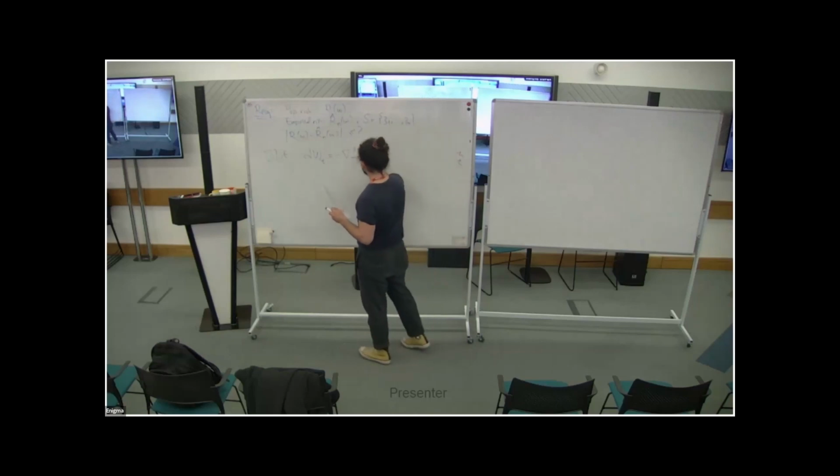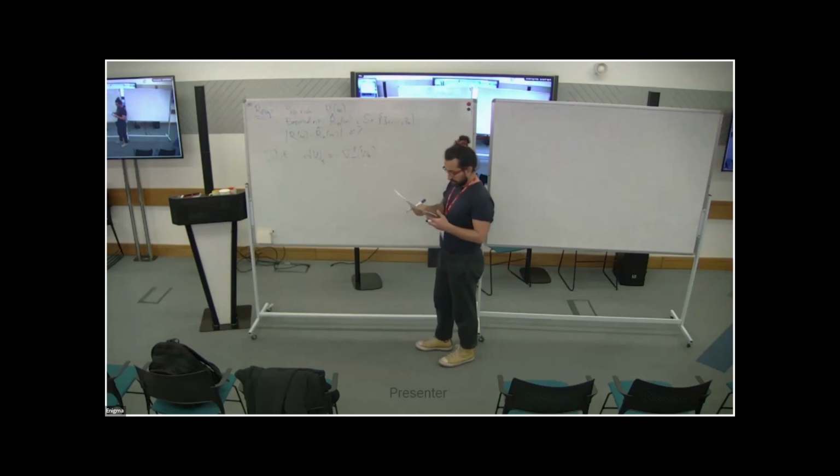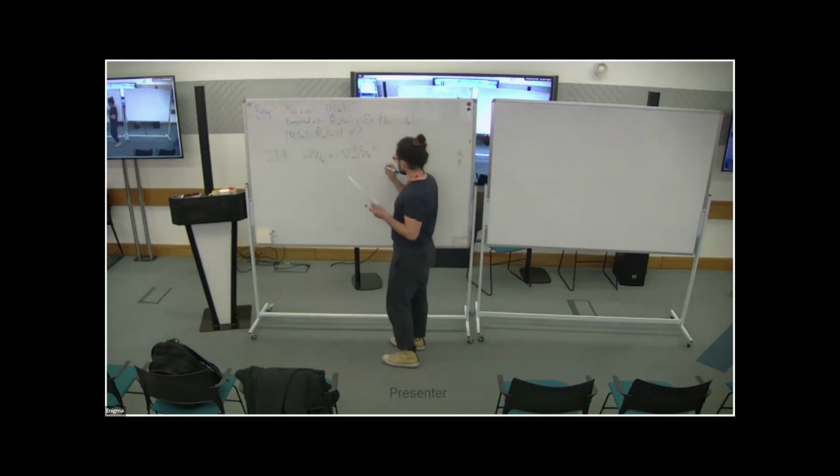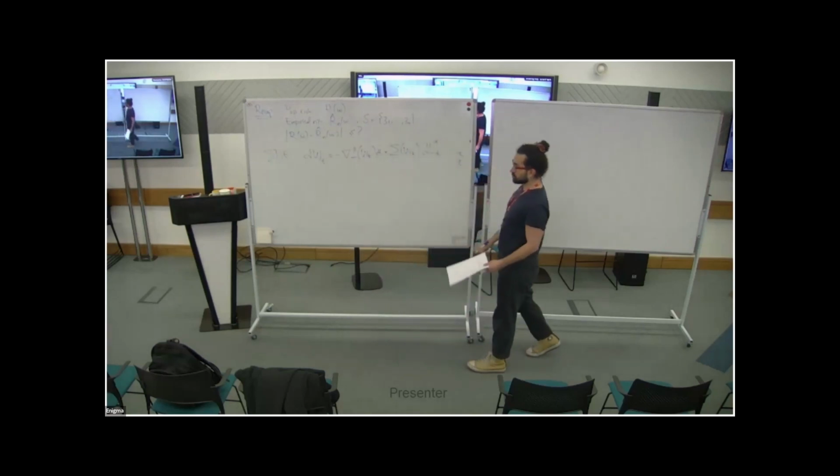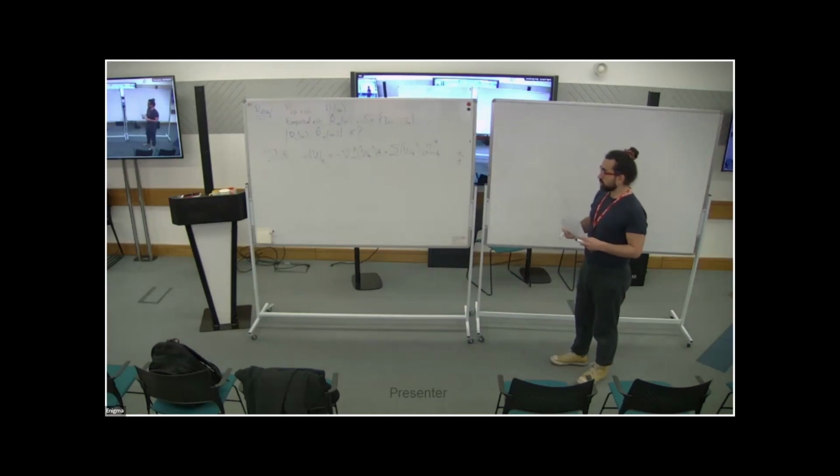So F of Wt, and this will depend on the data, plus some matrix valued function sigma of Wt, dL as alpha t. This is a rotational invariant alpha stable process in dimension d.